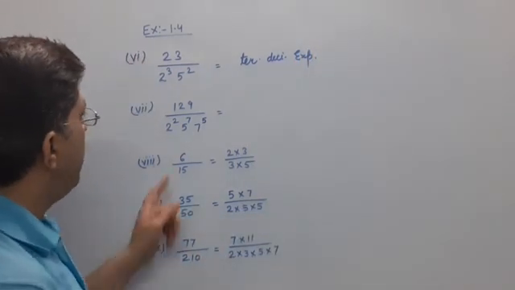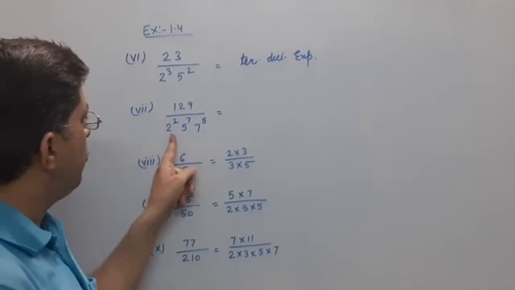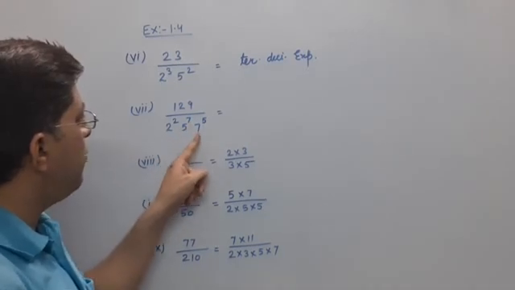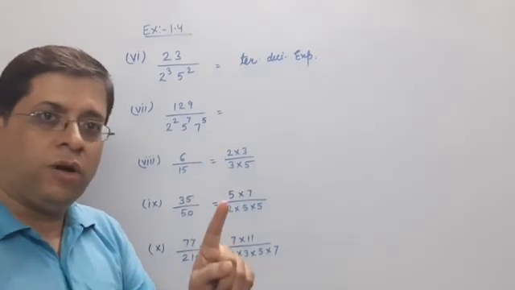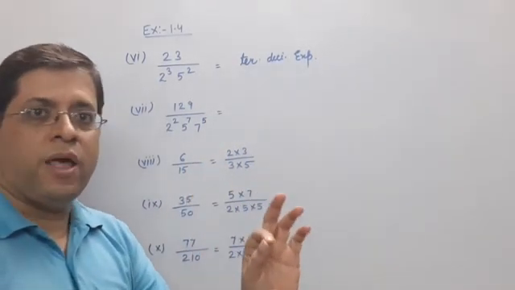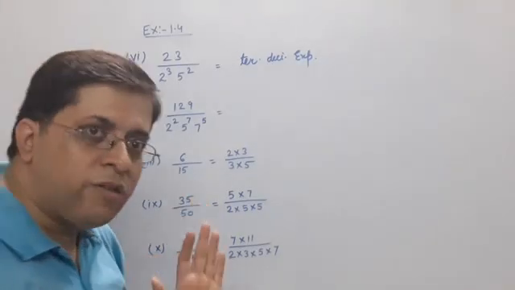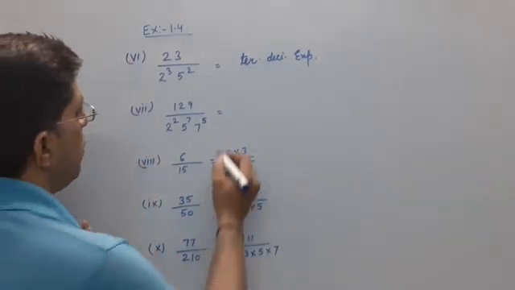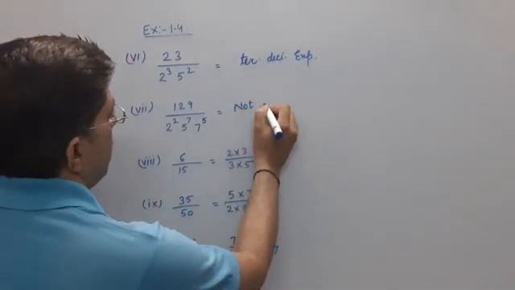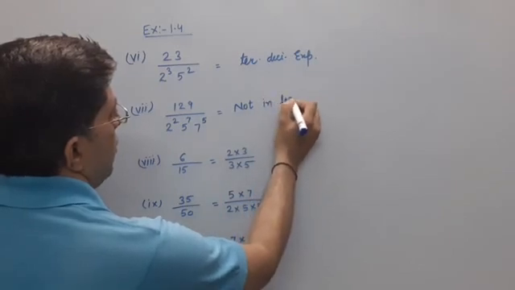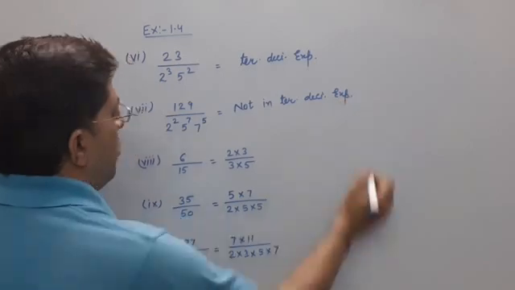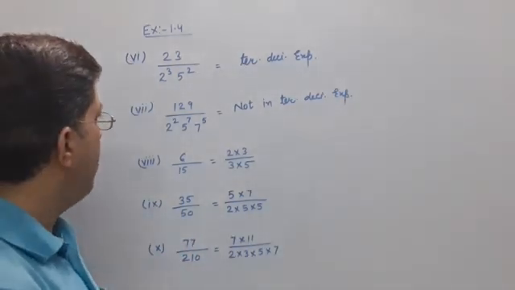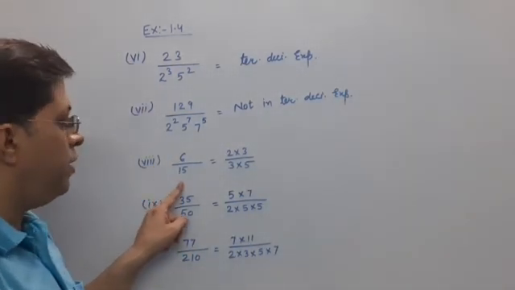But here 2 power 2, 5 power 7 and 7 power 5 are coming. It means the denominator is not in the form 2 power m into 5 power n, so it is not a terminating decimal expansion.